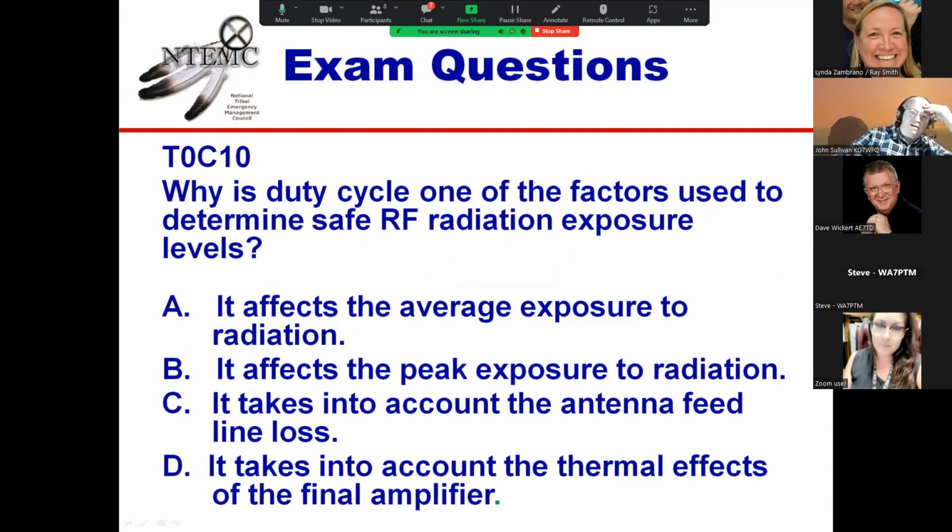Duty cycle has nothing to do with peak. It's how long you're on and off. Takes into account the antenna feed line loss? No, it doesn't. It just takes into account how much you're transmitting. It takes into account the thermal effects of the final amplifier? No, it doesn't do any of that. It affects the average exposure to radiation because of the amount of time it is in the transmit mode.